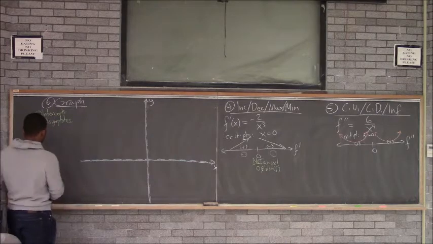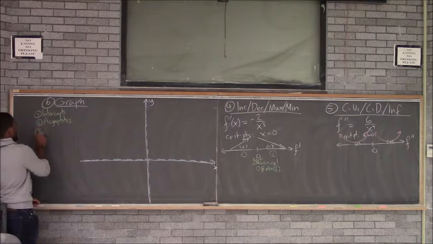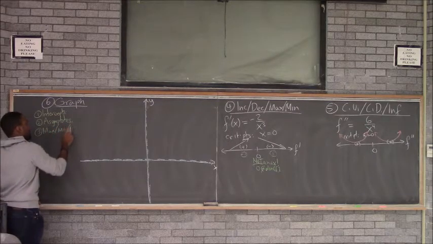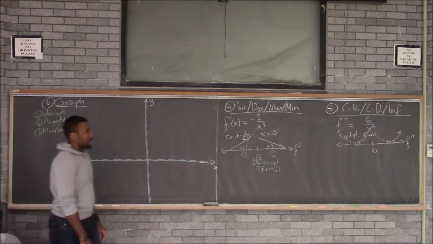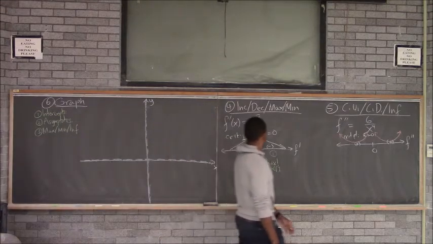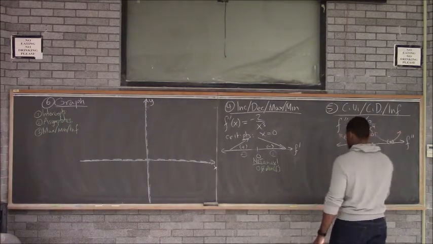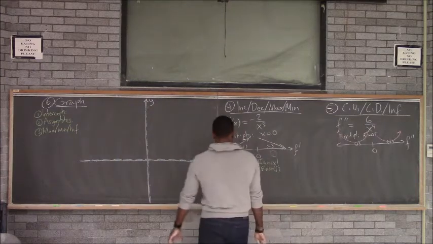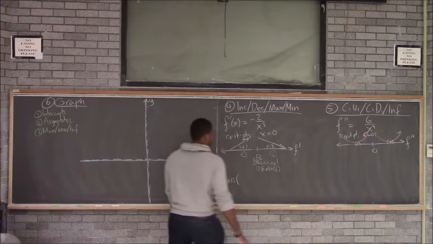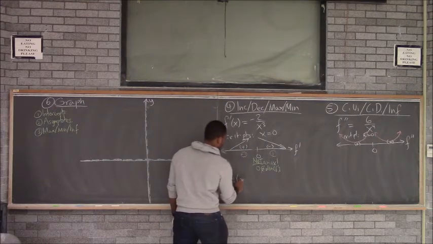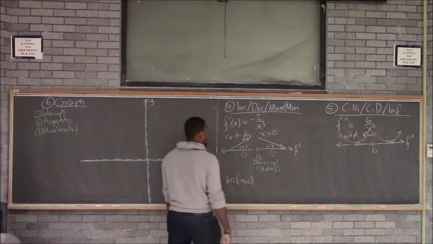Next, I would put in max and min, inflections, any coordinates there. We didn't have any. Oh, I forgot to actually write down the answers here. So here we have, for increasing, I would write we're increasing on minus infinity to 0.